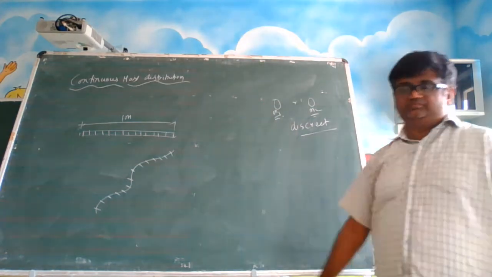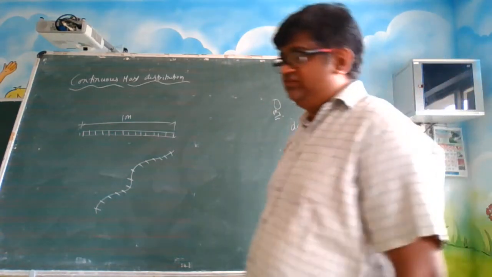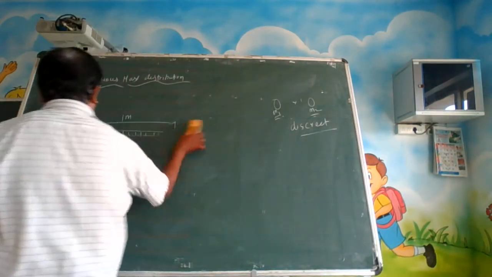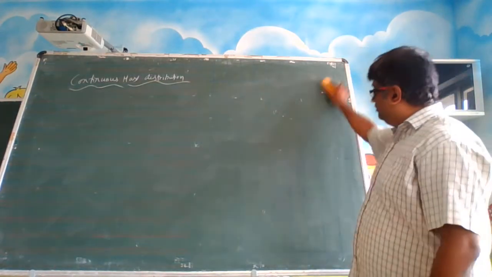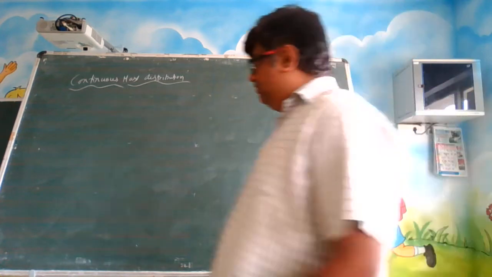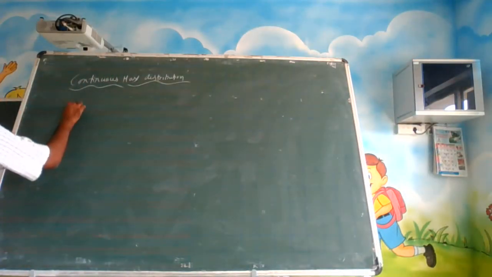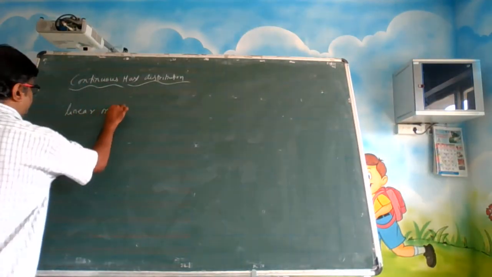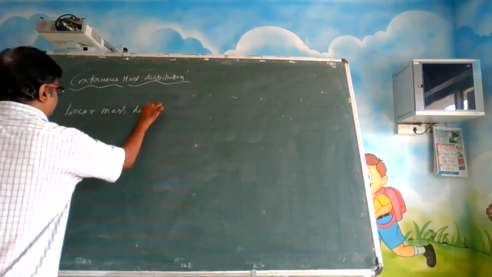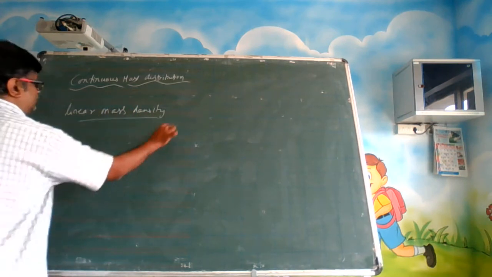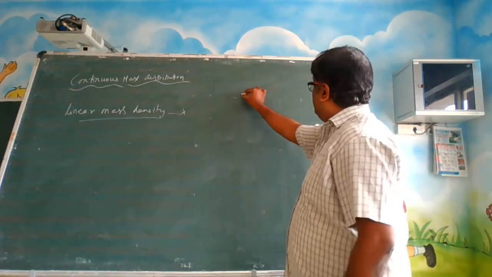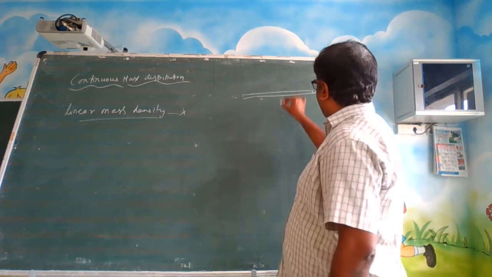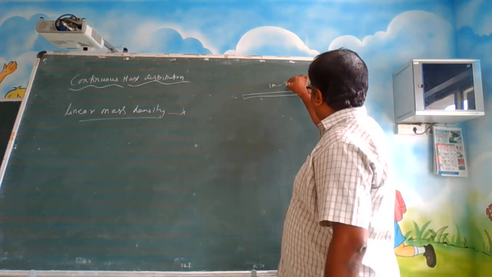Okay. So, here a few things you have to know. We talk about mass distribution in terms of some quantities. Let us say linear mass density. You will come across this term, linear mass density. It is denoted by lambda. Now listen carefully. If I take a rod of length 1 meter, let us say it is 2 kg. Alright?